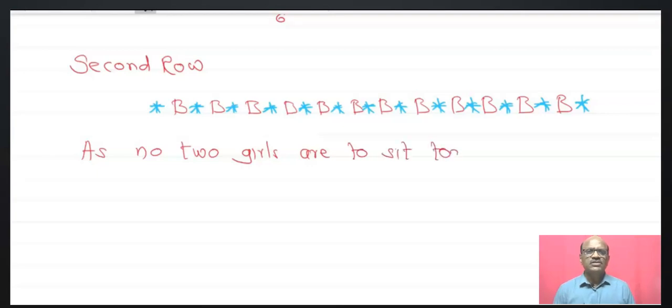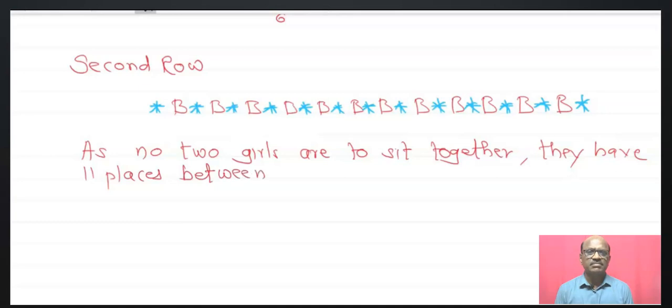That is, no two girls sit together. They have 11 places between the 12 boys. They are marked in the blue markers there.